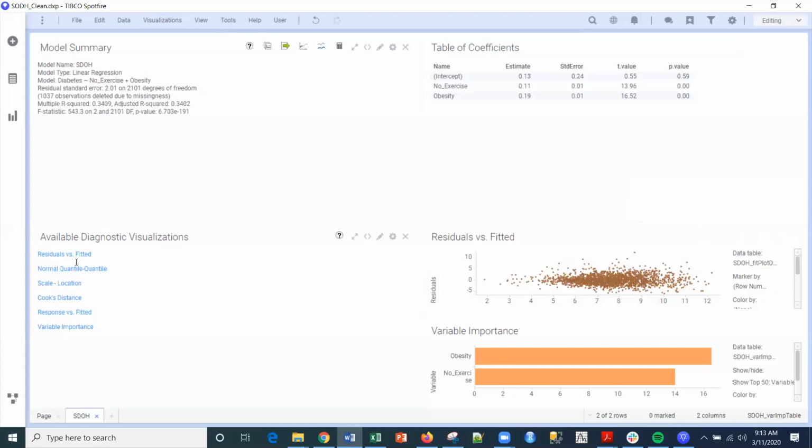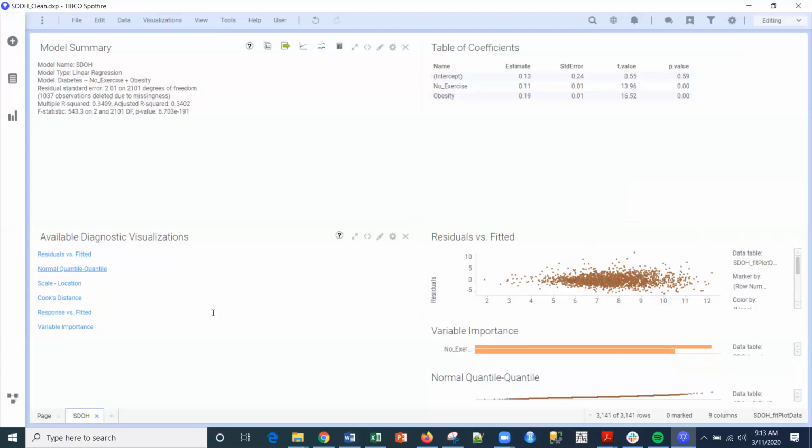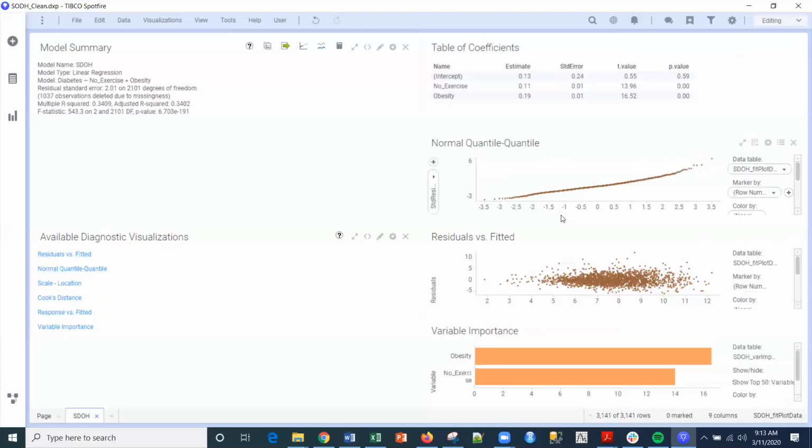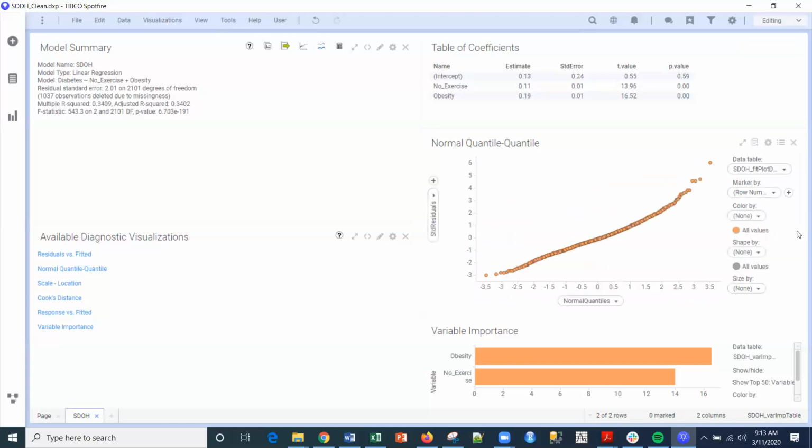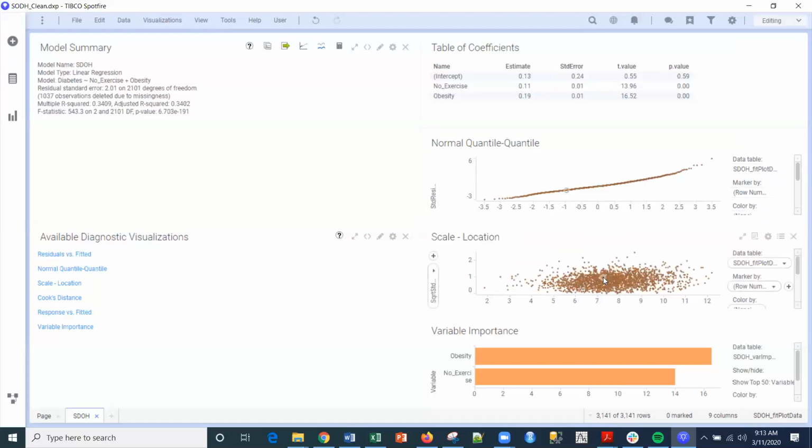All right, so we looked at residuals versus fitted. We can look at the normal quantile plot. This is, again, the normality assumption, right? So we can test that if we want. We could also test scale location, which is also a way to quickly look at the heteroscedasticity, or whether there's constant variance.